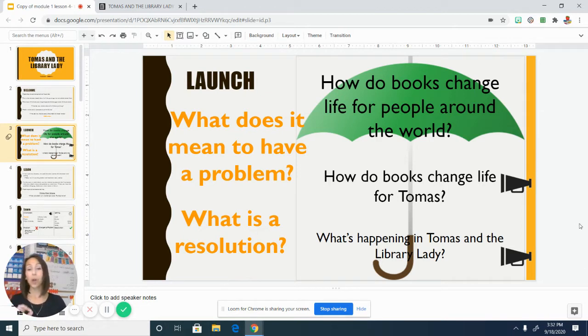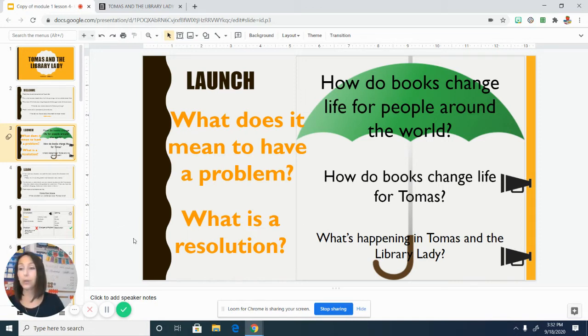We're also not quite ready to answer how books change life for Tomas, but by the end of the week, we will be able to. We're still working on that one bite of pizza question: what is happening in Tomas and the Library Lady? By noticing these story elements, it helps us to answer that question and to understand what is happening in the story.